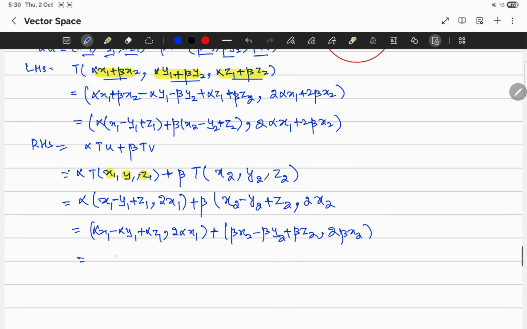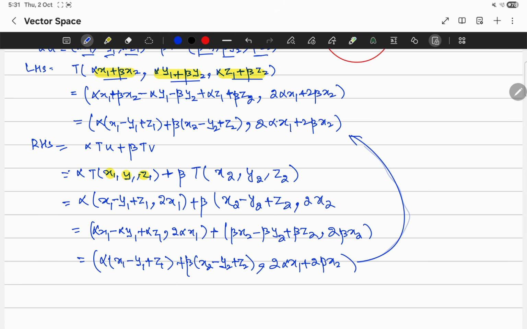Now if you add it, you will get alpha (x1 minus y1 plus z1) plus beta (x2 minus y2 plus z2). Similarly 2 alpha x1 plus 2 beta x2, and if you check, it is equal to your LHS, so it means that T is a linear transformation.